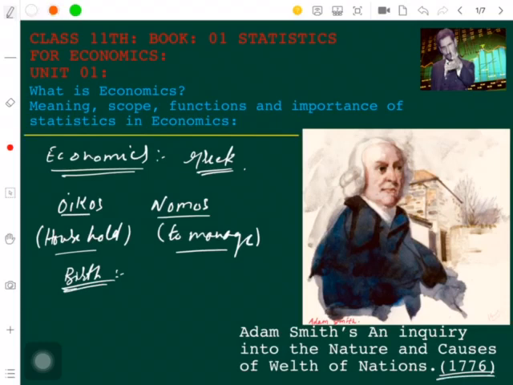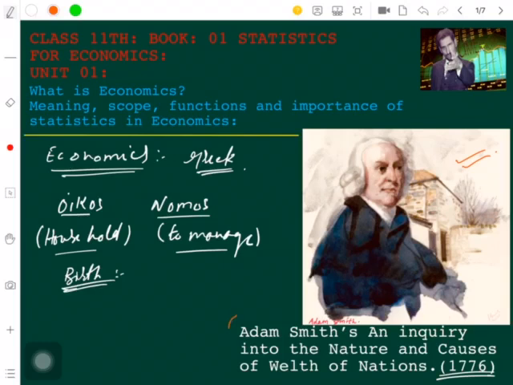It dates back to 1776 when Adam Smith, the picture of the person is on the screen, published a book, An Enquiry into the Nature and Causes of Wealth of Nations.